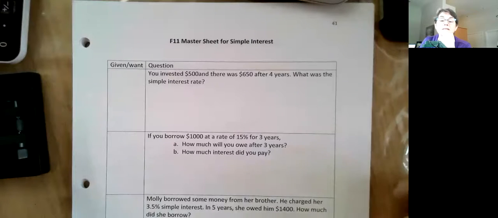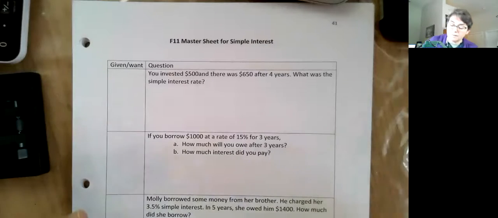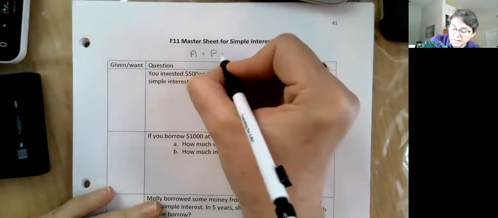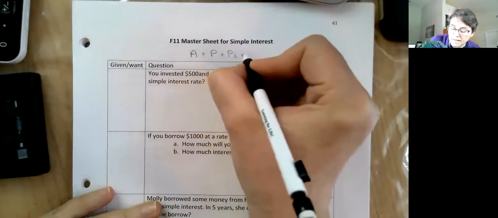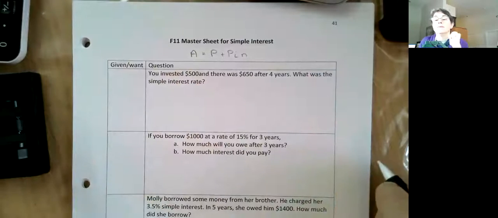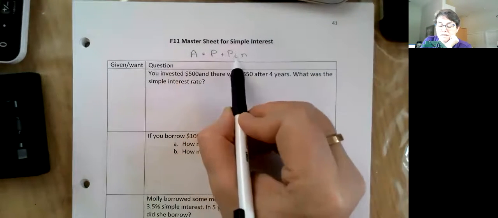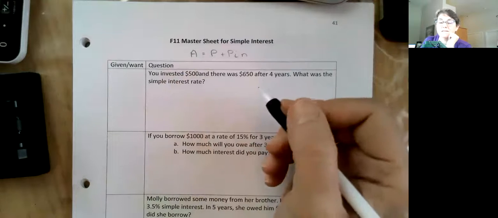Hi there. This is the master sheet for simple interest. If you remember, there is a formula: A is equal to P plus PIN. There are only 4 possible questions because you can solve for the A, the P, the I, or the N. That's it.